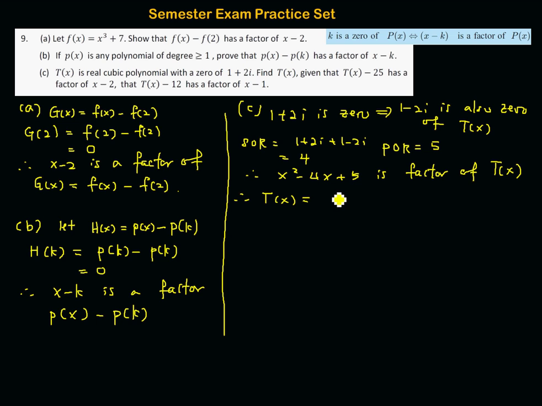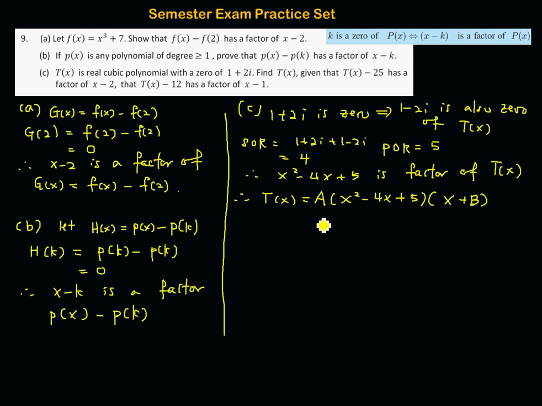We will have x squared minus 4x plus 5, and because it's a quadratic and t(x) is supposed to be cubic, the remaining factor will be linear. Of course, since we do not know the coefficient of the leading term, we put an a.